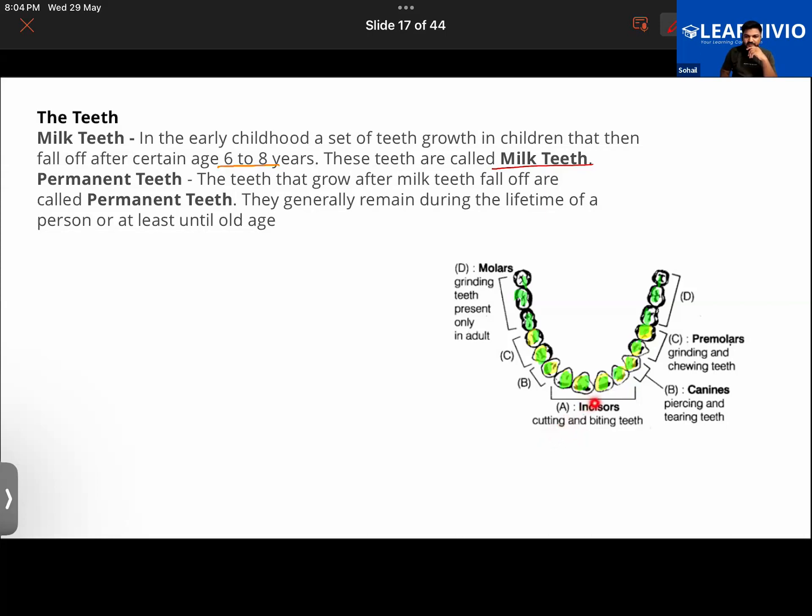Then after these four teeth, on both sides of your jaw, you will find very pointy teeth, that is canines. Its shape is kind of like this. If you look at different species of cats, like lions and tigers, the canines found in them are comparatively bigger and sharper.